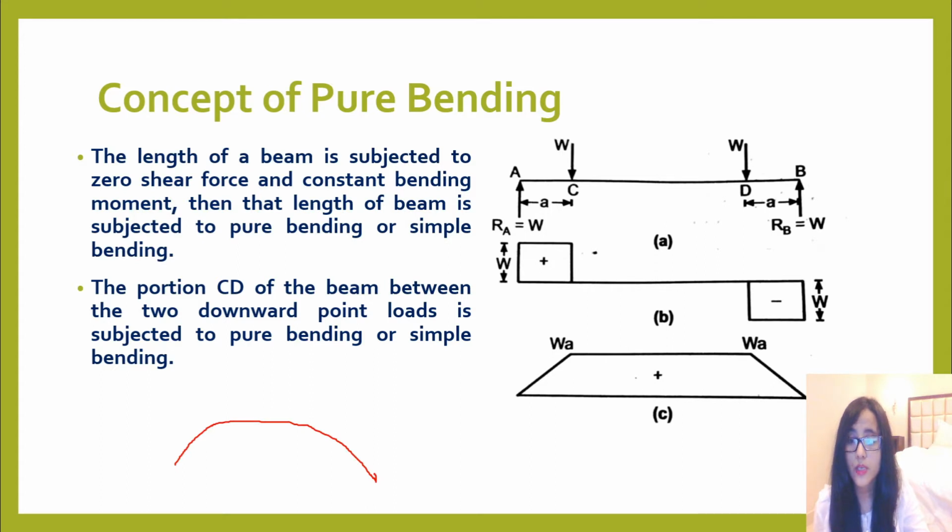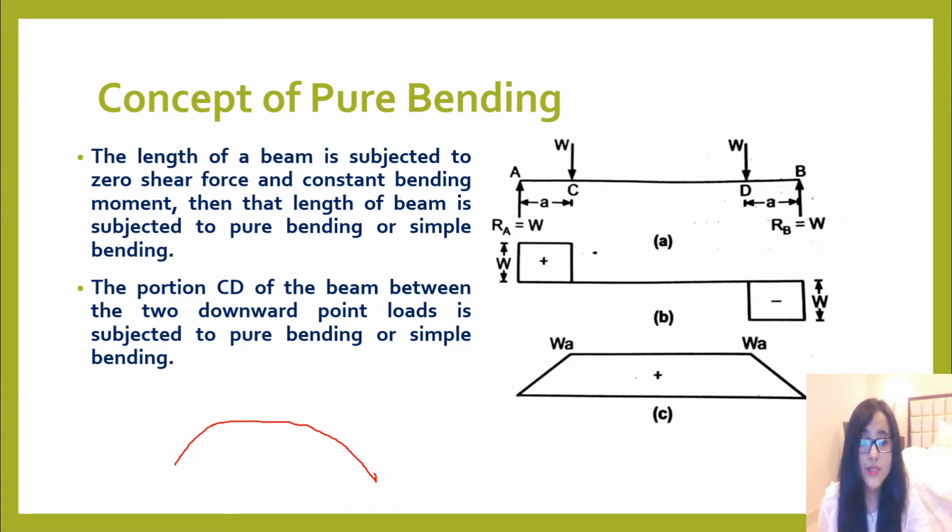So whenever a load acts, because of that load, the downward pure or simple bending occurs, and the deflection caused by it forms into an arc of a circle, right?